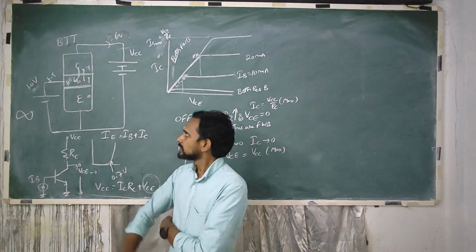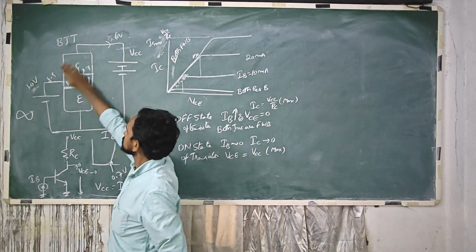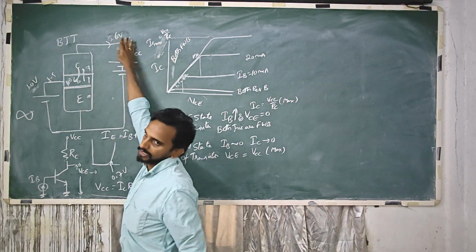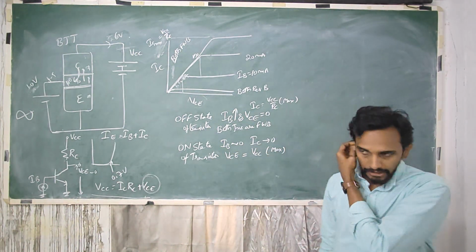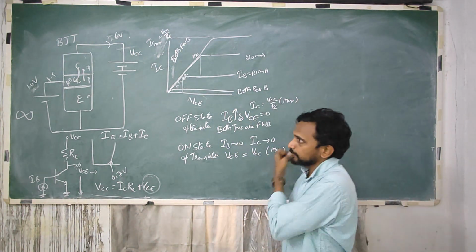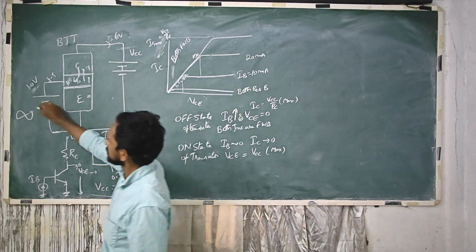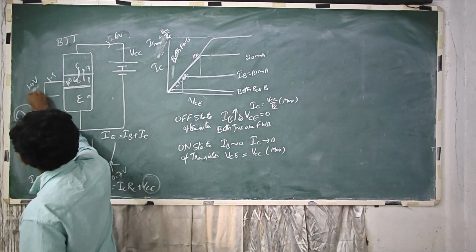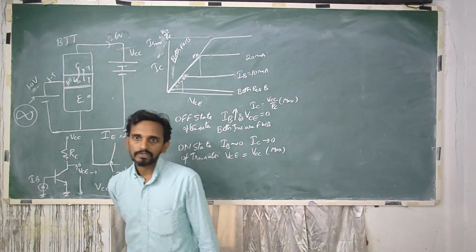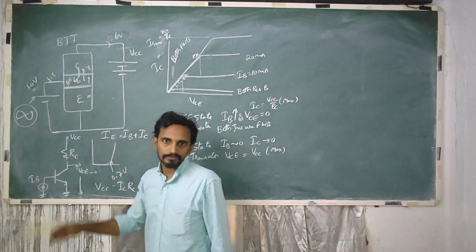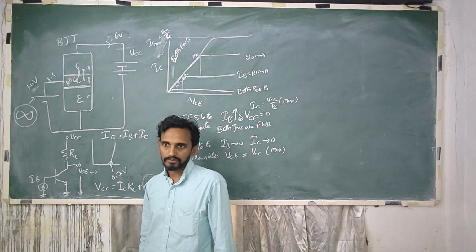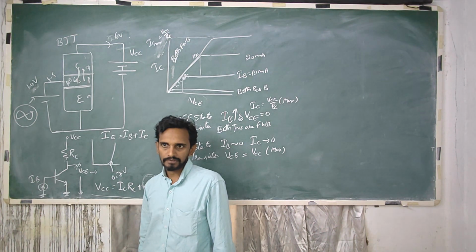This signal has to pass through the transistor and I have to get something at the output. So what is the first condition to push this signal entirely through the transistor? I have to keep this emitter base junction forward biased. That is the first condition, right?